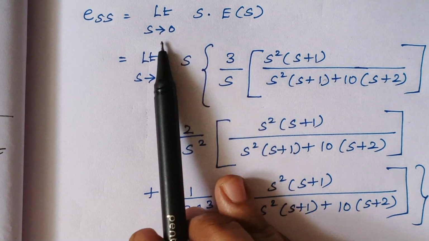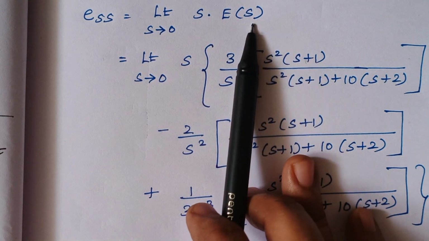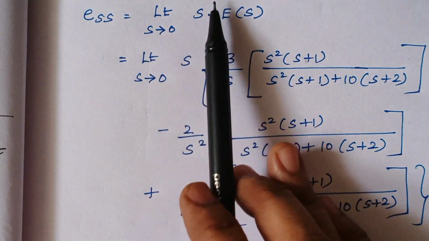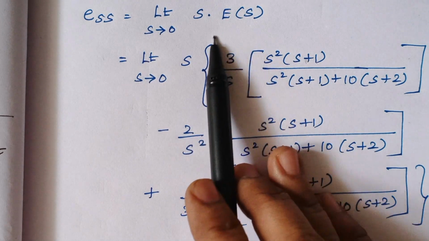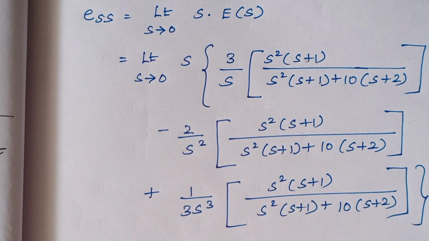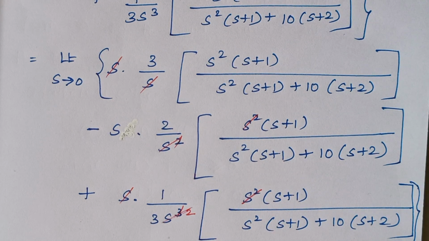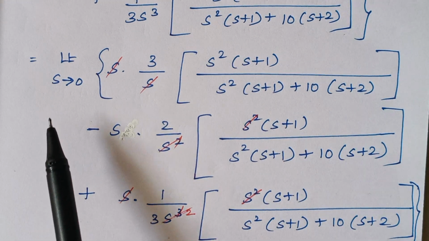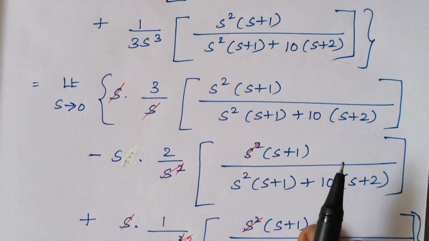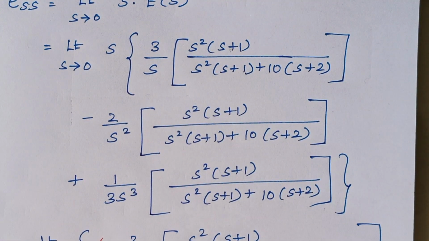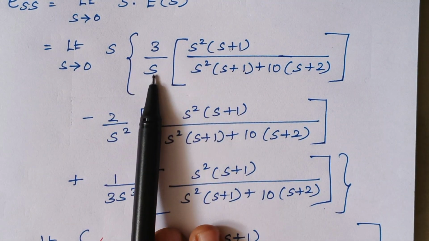So in this formula, we substitute the value of e of s. Here you see limit s into, I have substituted the value of e of s which we found in the previous step, nothing more than that. The next step is I am moving the s which is present outside into this bracket.